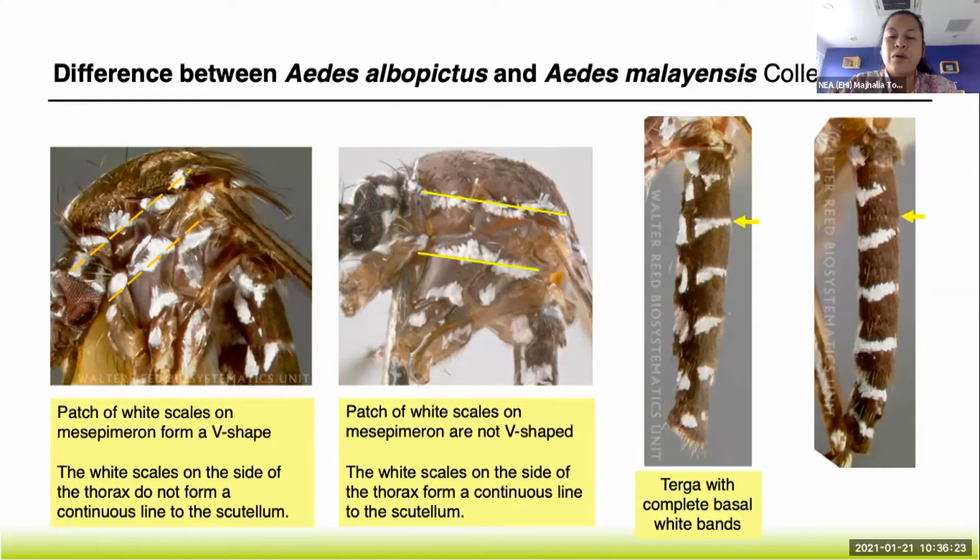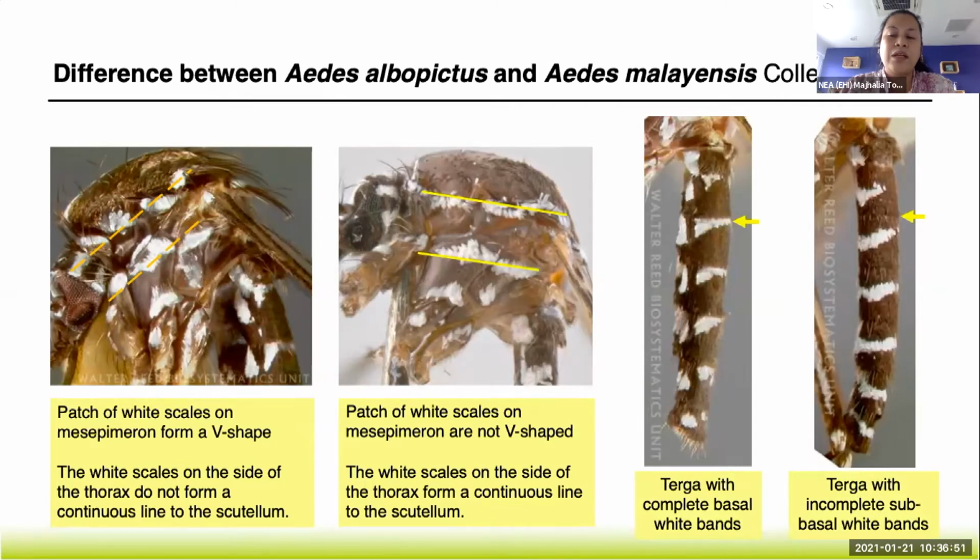This is what we call complete basal white bands, because if you look from the dorsal side, as I've shown earlier, they form a complete line. So that is a complete basal white band. But for Aedes malayensis, the white scales do not touch the line of the segment. So this is what we call subbasal white bands, but it does not form a complete line.